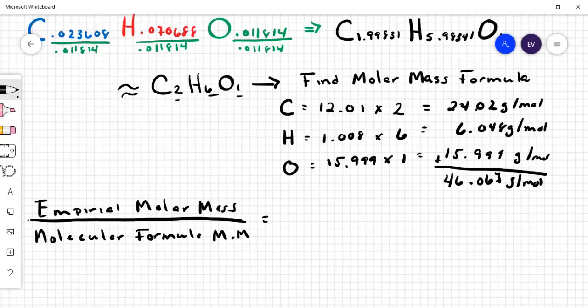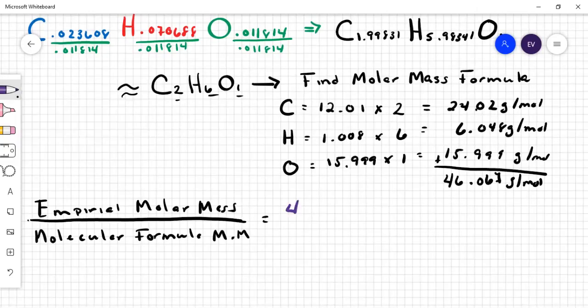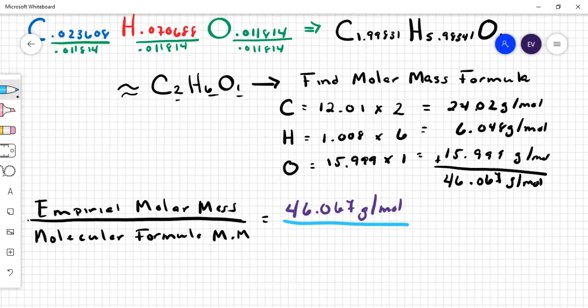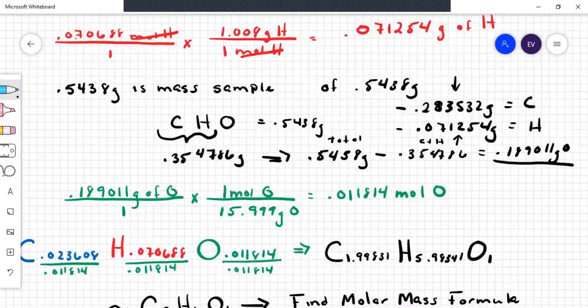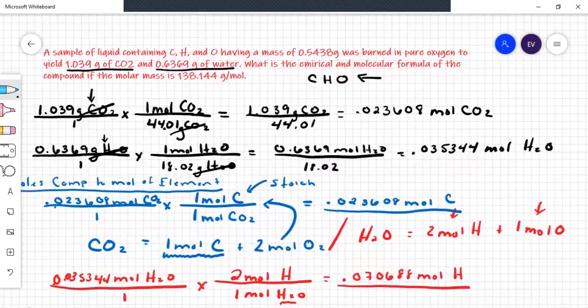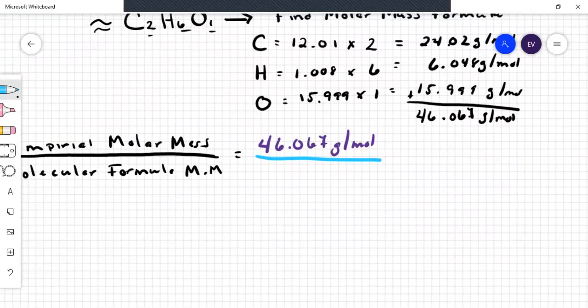The empirical formula molar mass we just found, 46.067 grams per mole. We're going to divide that by the molar mass given to us. Yes, that molar mass is in the question. Let's scroll up. Right here, 138.144 grams per mole. That is the molar mass of the molecular formula.